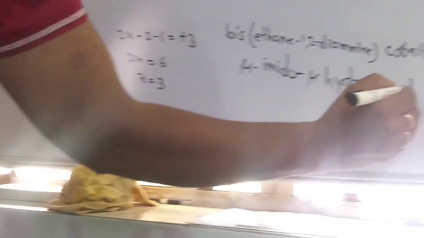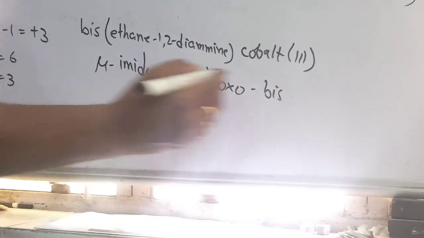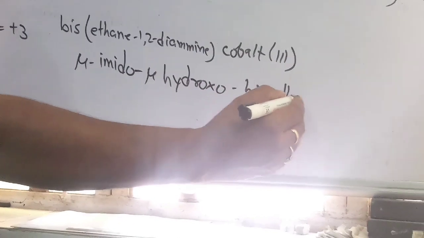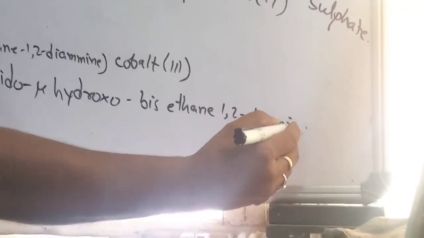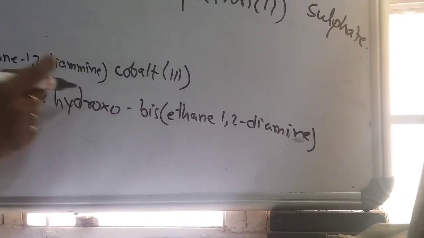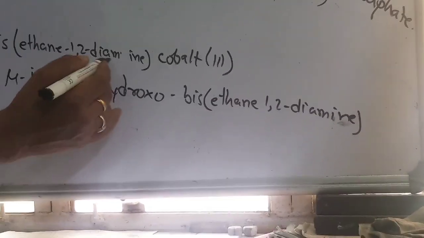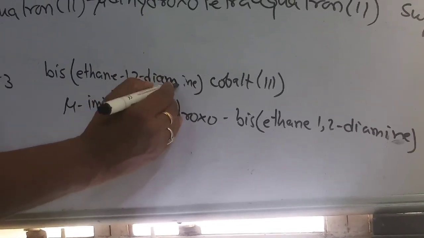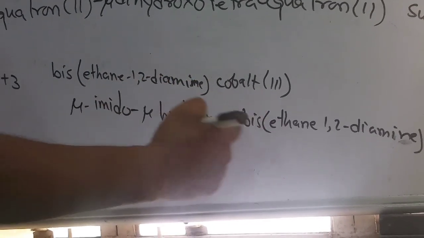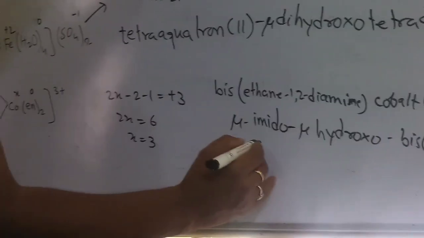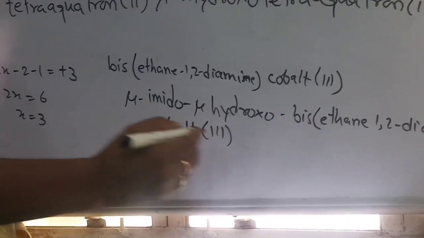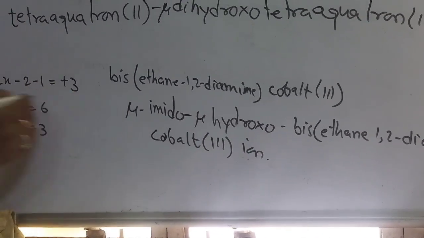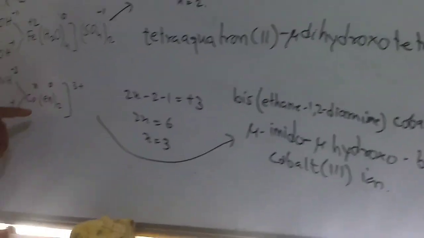Again, bis ethane 1,2-diamine, this should be amine. Bis ethane 1,2-diamine, cobalt 3 ion. Such a big name we have for this compound.